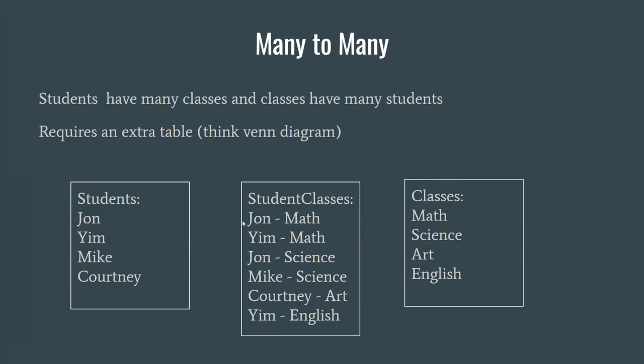This is a really inefficient comparison. If I actually put John and math inside this table, what would actually go in here is John's primary key and math's primary key, and then Yeem's and math, and John's primary key and the science primary key. We would store those, and that's much faster for comparison.